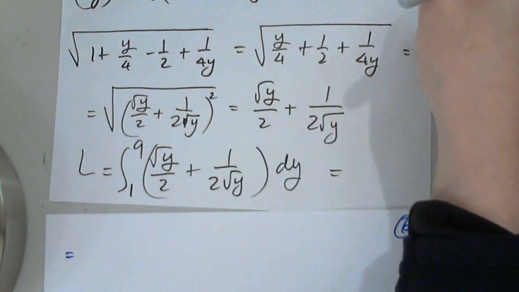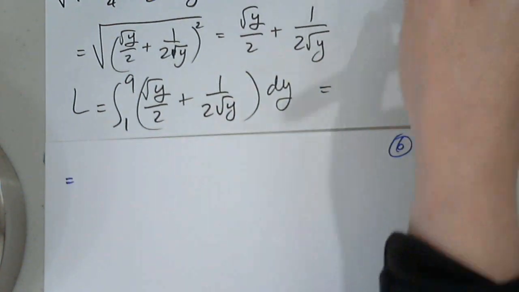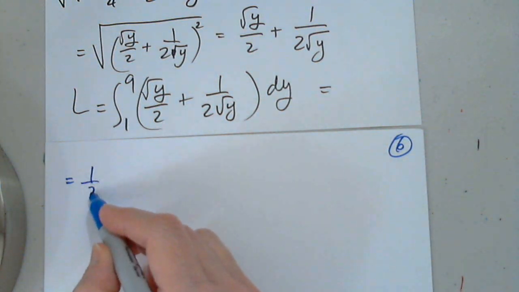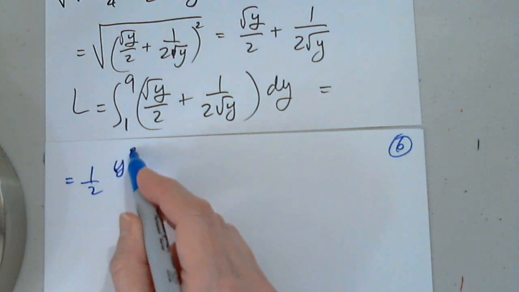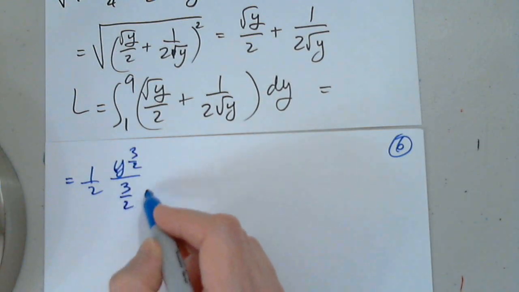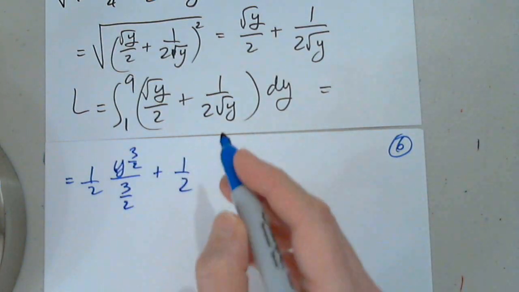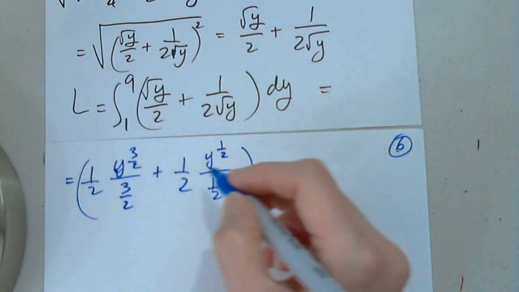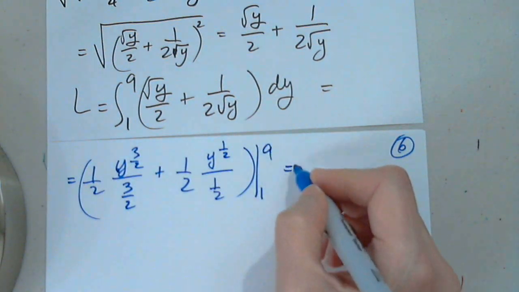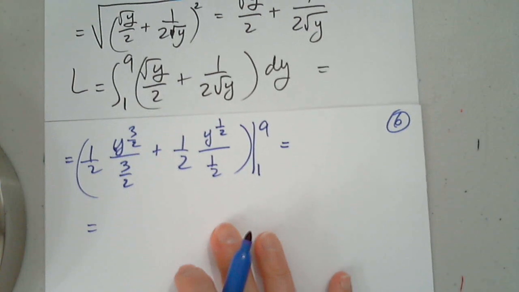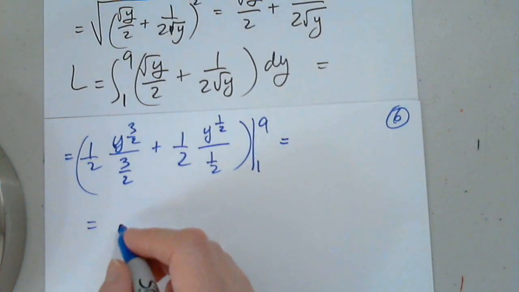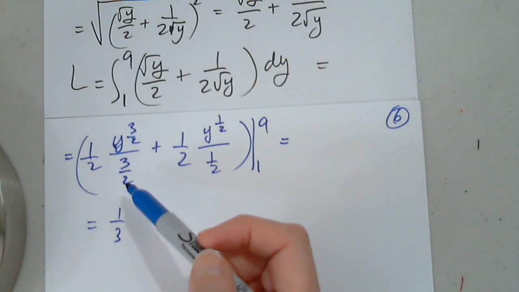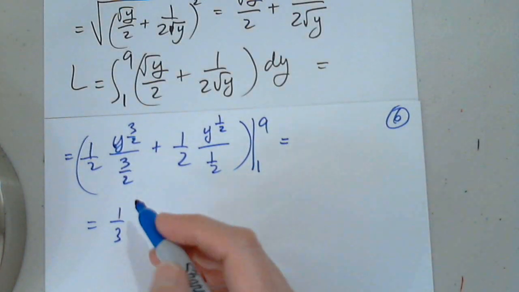Equals. Let me move this up. Good. So we have a 1/2 y to 3/2 over 3/2 plus 1/2 y to 1/2 over 1/2, and this is all between 1 and 9. So we get 1/3 because I flipped 2/3.